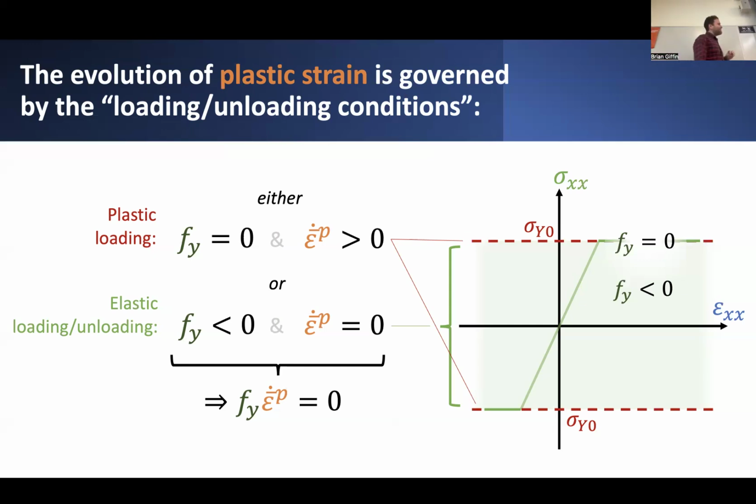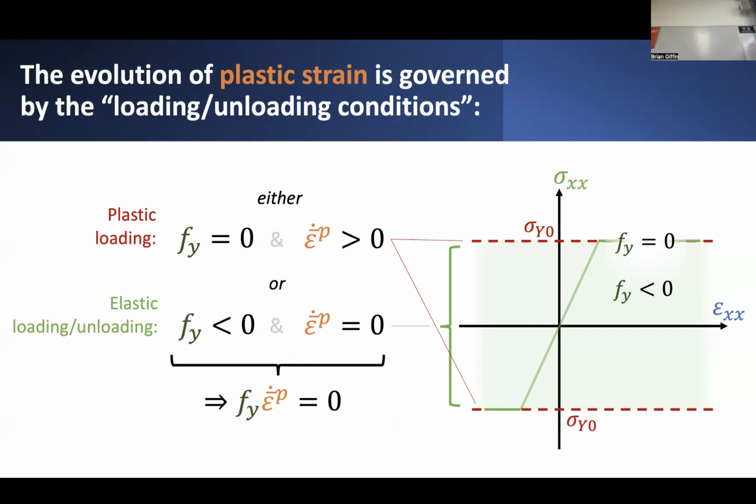There's also some mathematical terminology that refers to this collection of conditions, including this one, that says if you multiply Fy and the time rate of the equivalent plastic strain together, their product always has to be equal to 0, which is equivalent to saying that if Fy is equal to 0, then the rate could be some non-zero value.